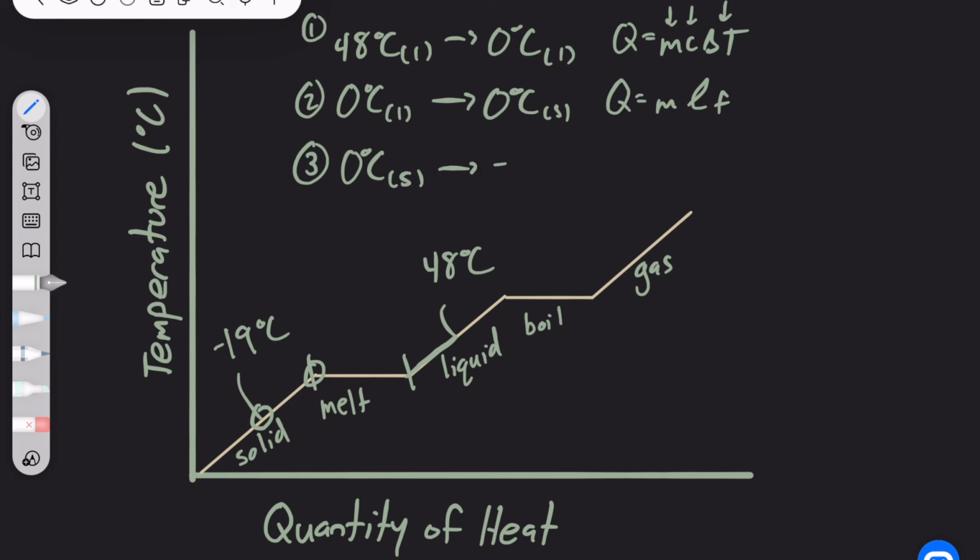To water at negative 19 degrees Celsius, and it'll still be a solid then. And we can be using our Q equals mc delta T formula once again because of that temperature change. And we're also going to talk about our C value changing because water is no longer a liquid, it's a solid. All right, let's get into it.